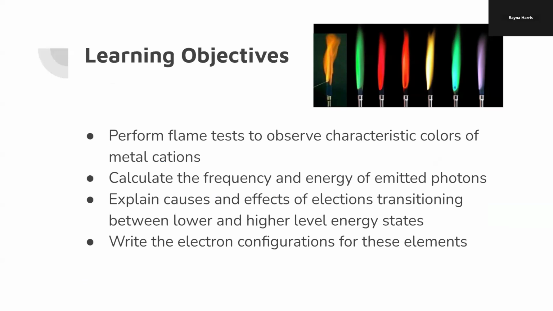Basically, when we heat up metal cations, which have a positive charge, they emit a color. You're going to be able to calculate the frequency and energy of emitted photons, explain the cause and effect of electrons transitioning between higher and lower energy level states, and write electron configurations. Also, like I said, you have this periodic table to check them. Any questions so far? We'll go into more of these.